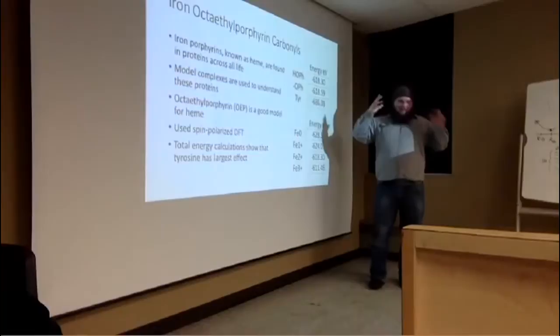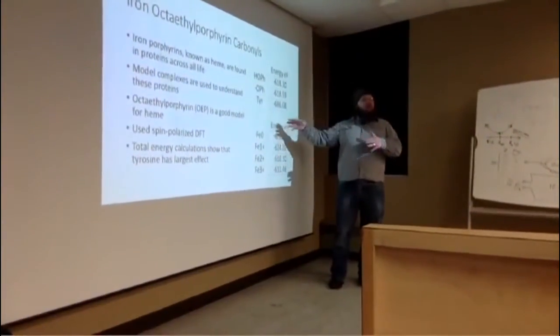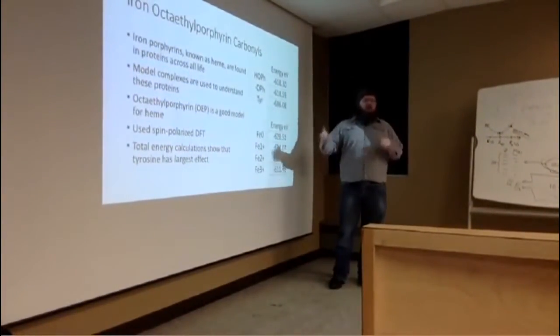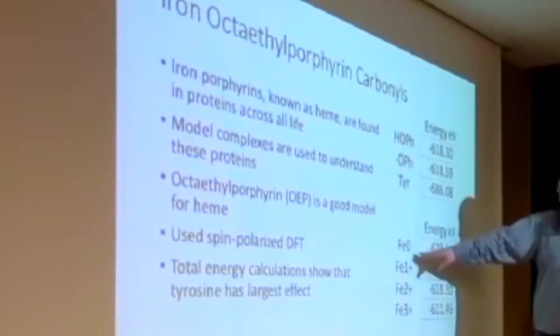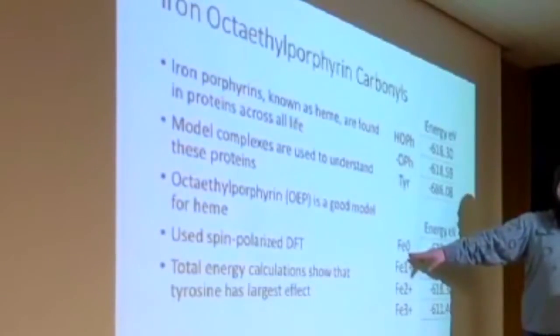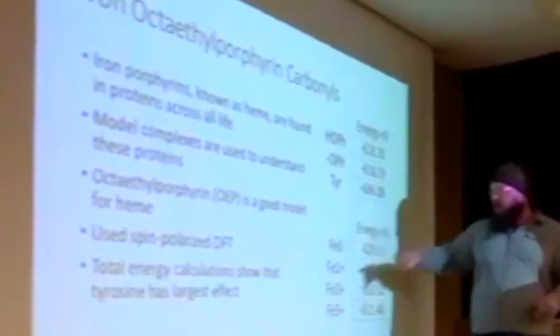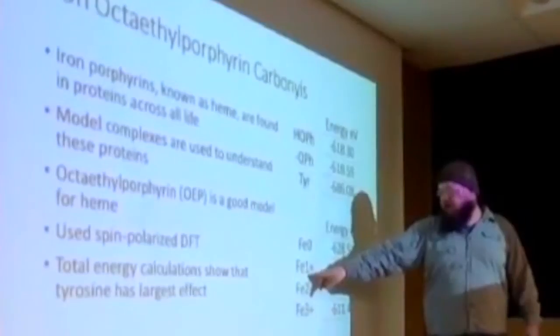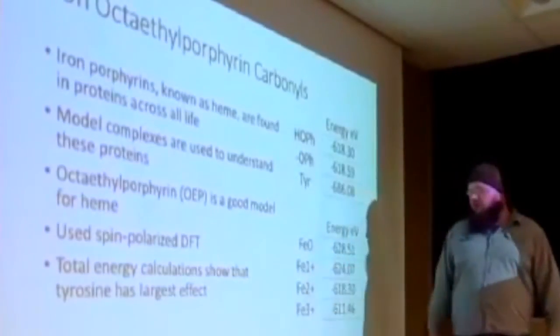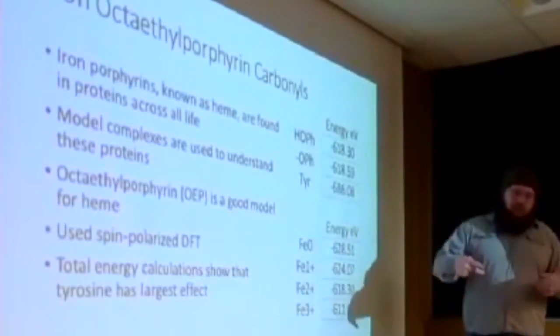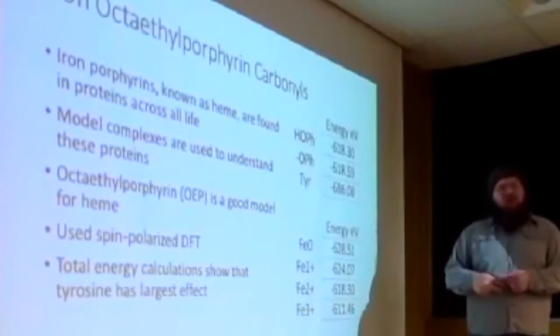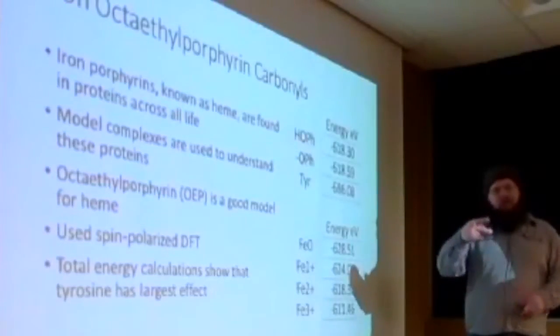Since I stipulated using a carbonyl, it should be in a low spin state. It's a very strong field ligand. So there should be 3 filled orbitals here with 2 unfilled D orbitals. And then when you go to iron 1, it will be 2 that are filled, 1 that has 1 electron in it, so it's a doublet, and then 2 that are unfilled.